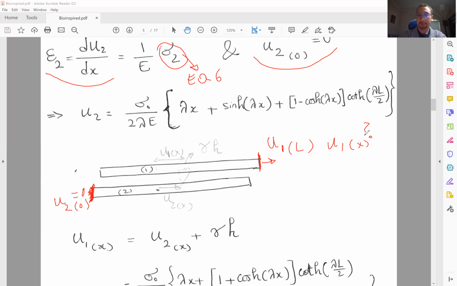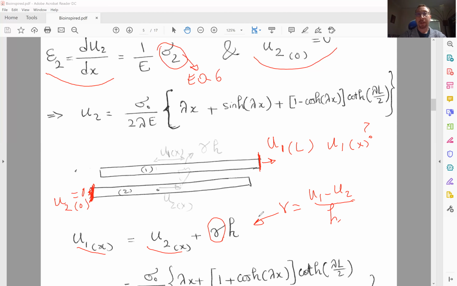The other good news is that U1 and U2 are related to the shear strain like this. You remember in the past, we derived U1 minus U2 divided by H. This is the same equation.